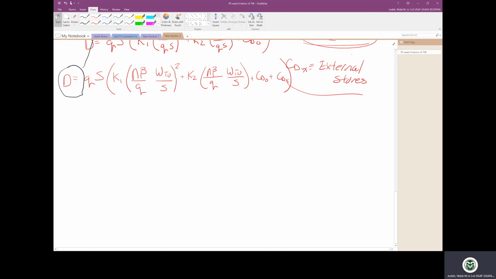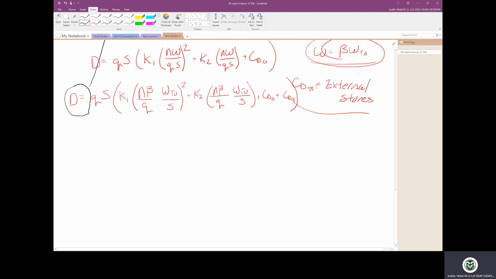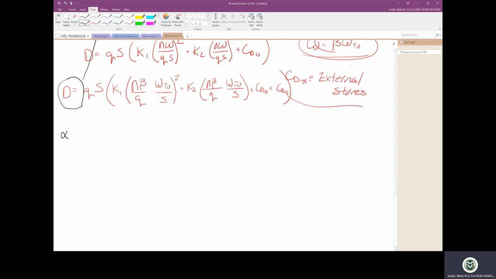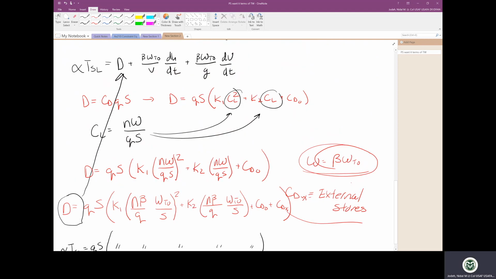So I have alpha times the thrust at sea level is now equal to qS, everything from above. So I'm going to just simplify my writing here, plus, what did we have left?